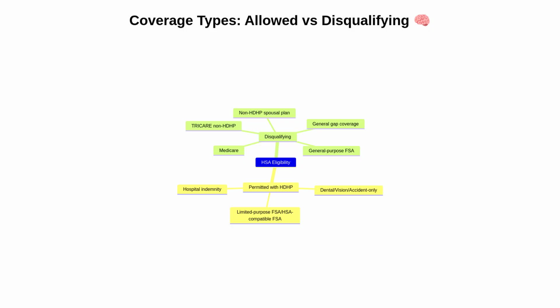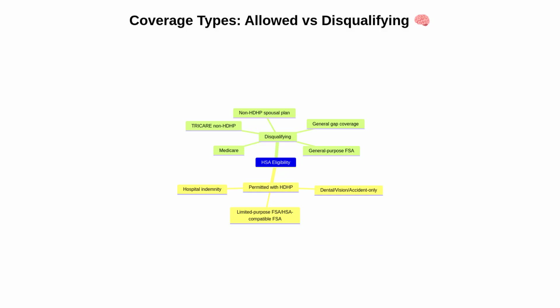Under disqualifying, examples include a general purpose FSA, a non-HDHP spousal plan that covers you, Medicare, certain TRICARE options that are not HDHPs, and general gap coverage. Keep in mind that plan specifics matter, so always verify details.